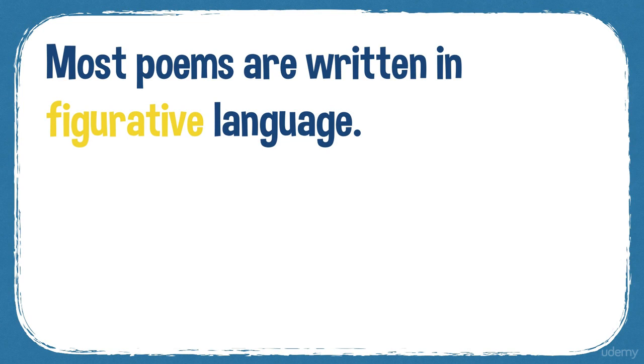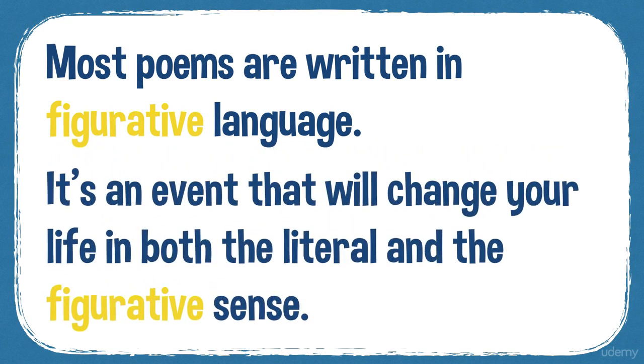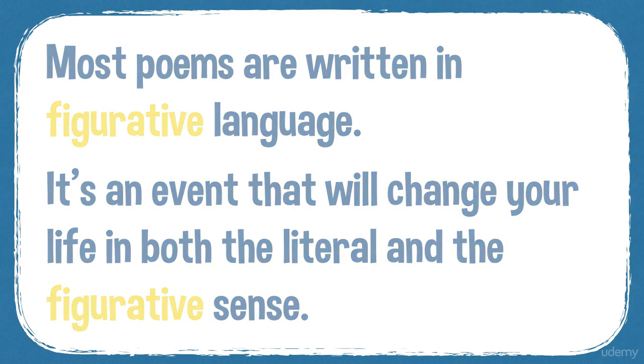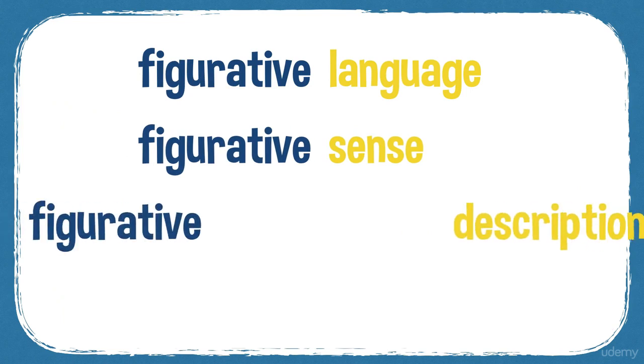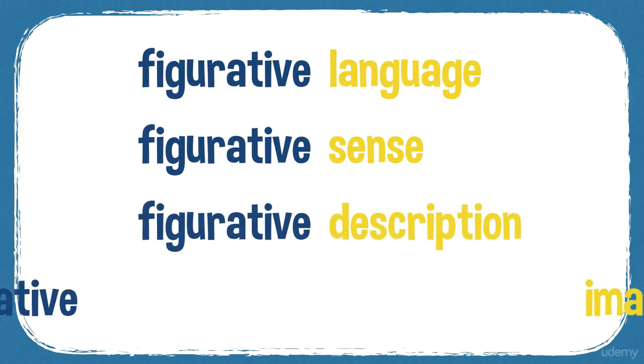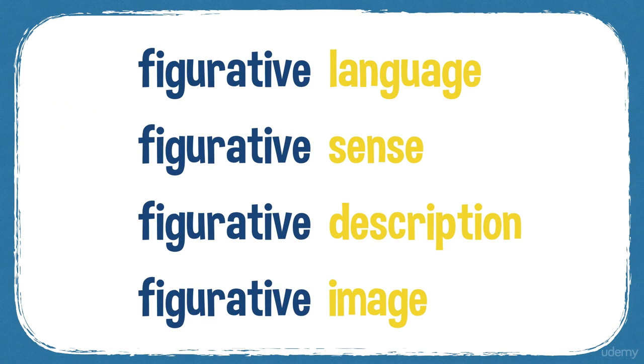Most poems are written in figurative language. It makes them hard to understand sometimes. It's an event that will change your life in both the literal and the figurative sense. So we talk about figurative language, figurative sense, figurative description, figurative image.